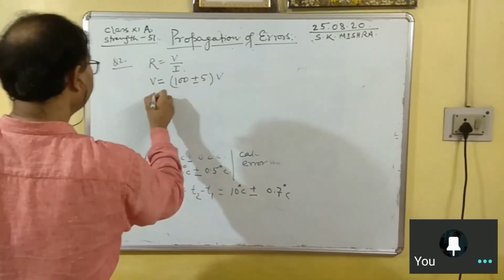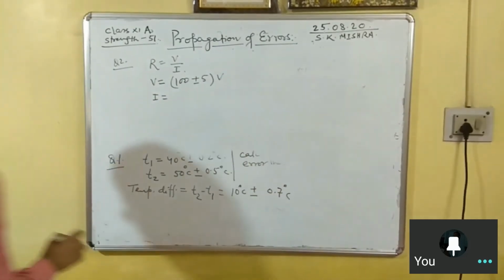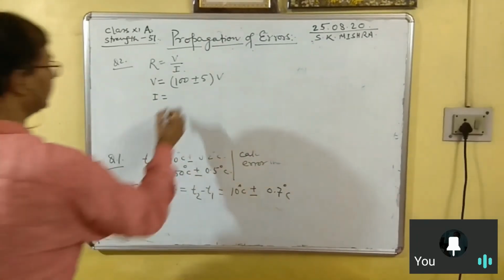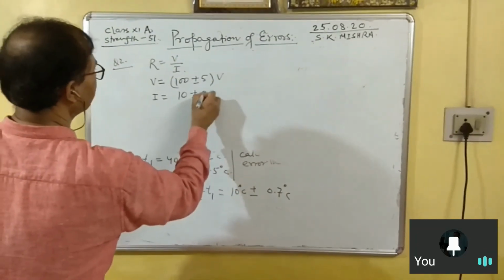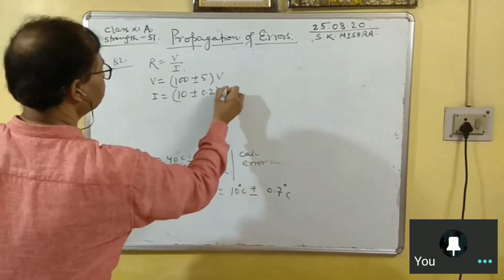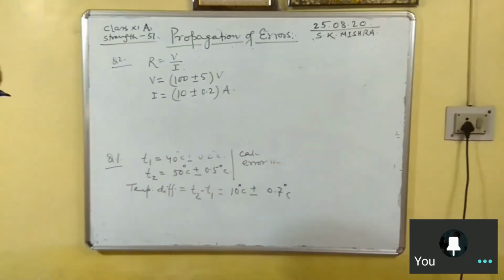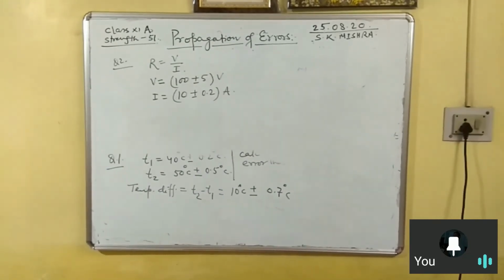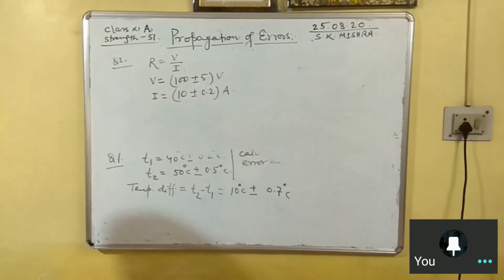And I is measured as, the value of I is also given to you, 10 plus minus 0.2 ampere. Okay. Now calculate R with error. So what will be the value of R? So you have to find the percentage error in R.